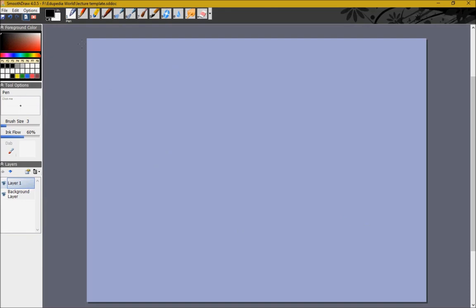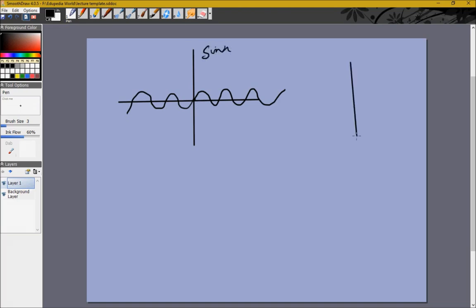Let's look at sin x and cos x. I won't try to derive the continuity here, we just draw the graph. The graph of sin x goes like this, and it is 0 at x equal to 0. This is the graph of cos x.